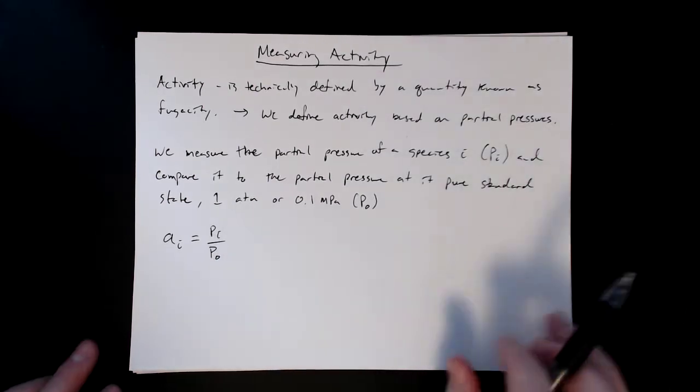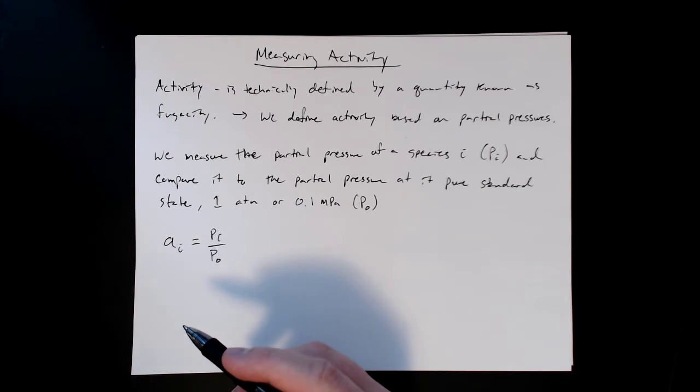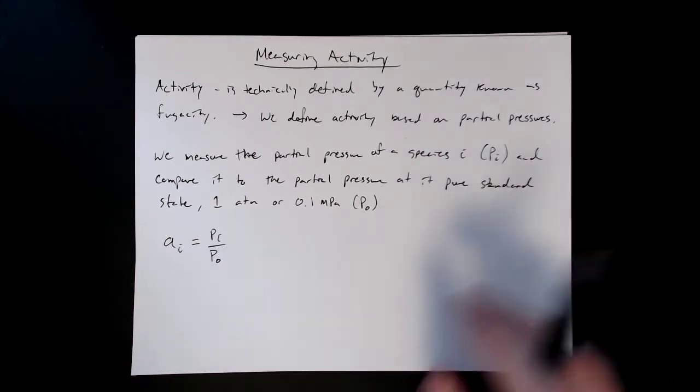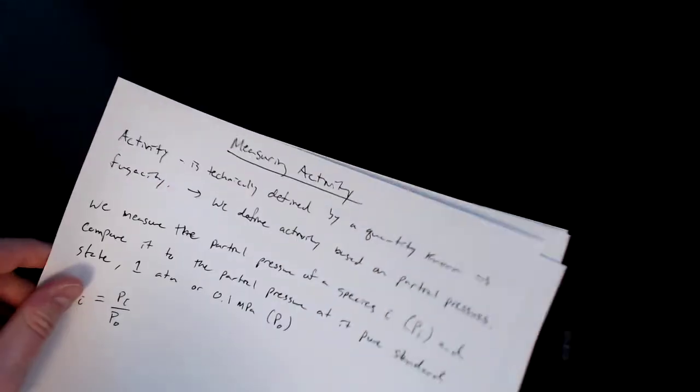All right. So what I want us to do now is think through this a little bit to maybe better understand the concept of activity. And so I'm going to have us consider a hypothetical experiment.